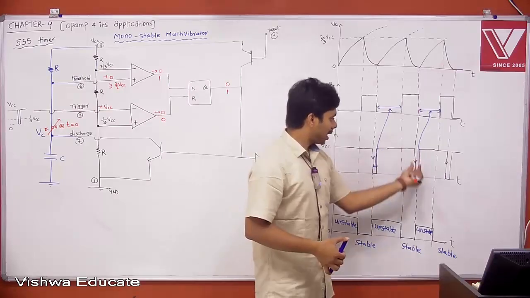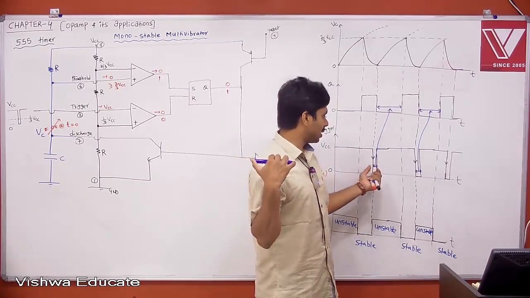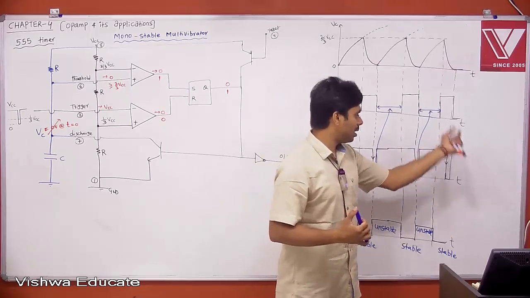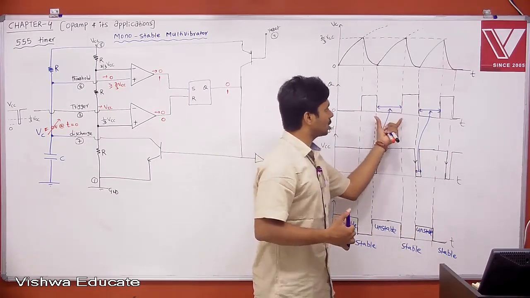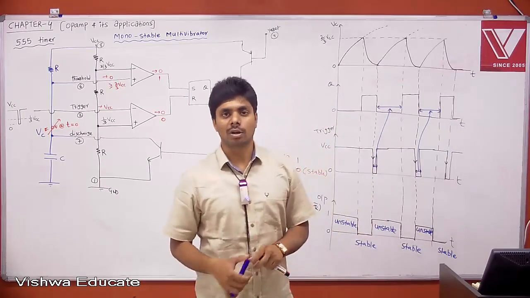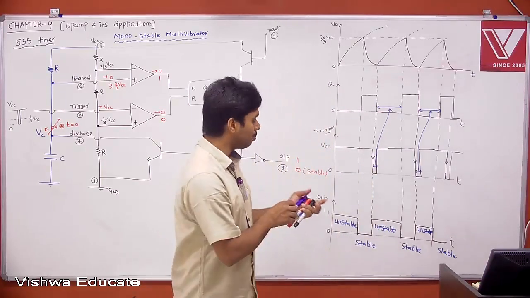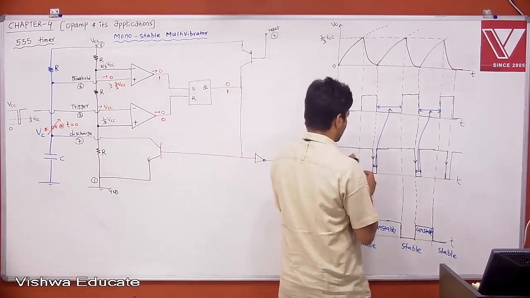Negative pulse stretched. Therefore, whenever trigger applies periodically, or whenever trigger comes, the small trigger pulse will be stretched. Then you are going to get it, whether inverter or non-inverter, whatever may be. Therefore, this is called a pulse stretcher.